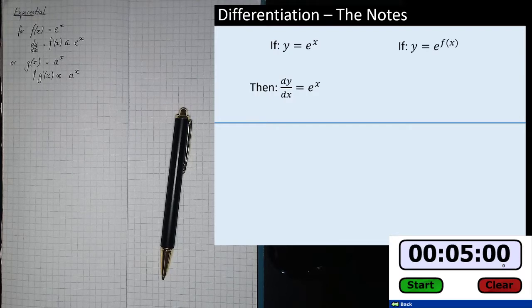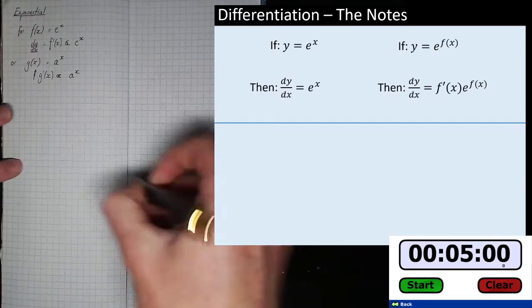We can generalize this, which is good. We can generalize that to say that if y is equal to e to the power of a function of x, then dy by dx will be the function differentiated times e to the function of x.